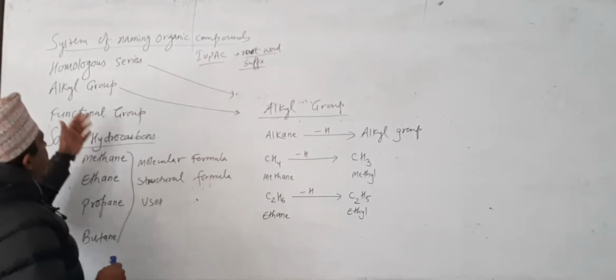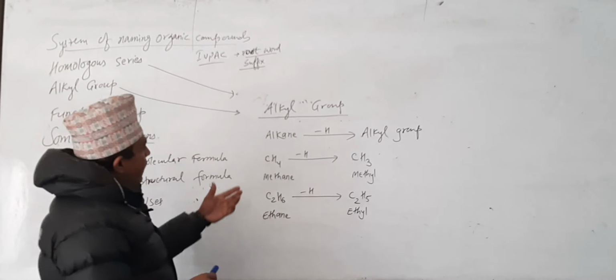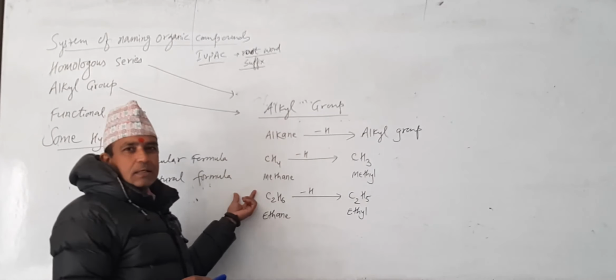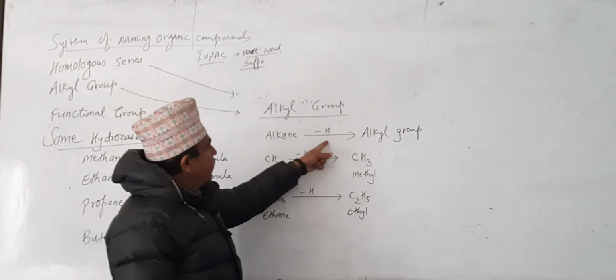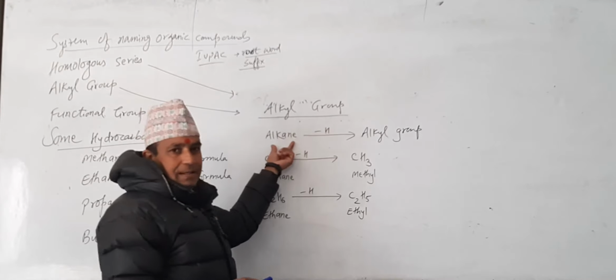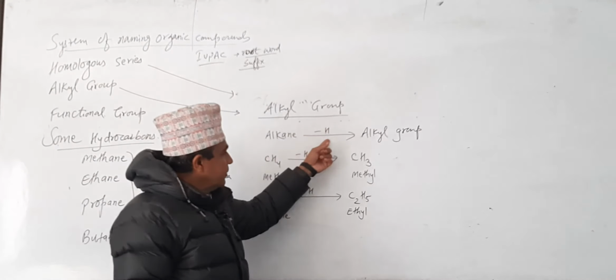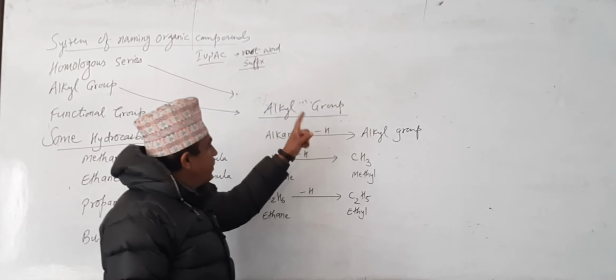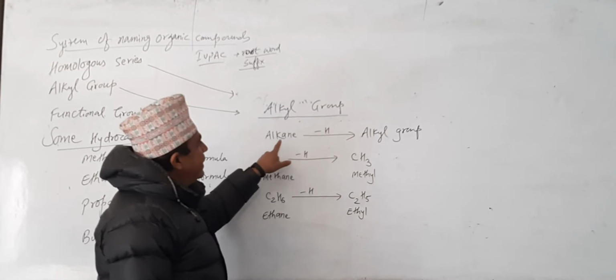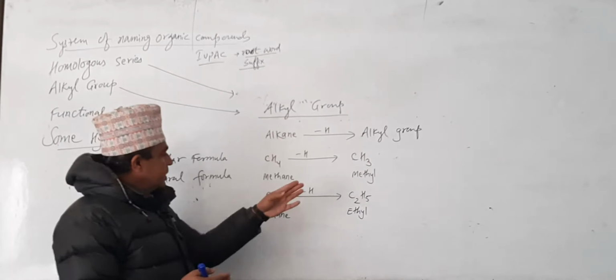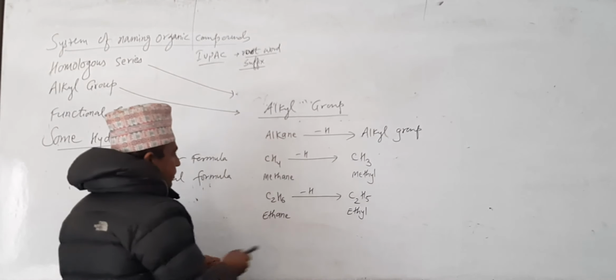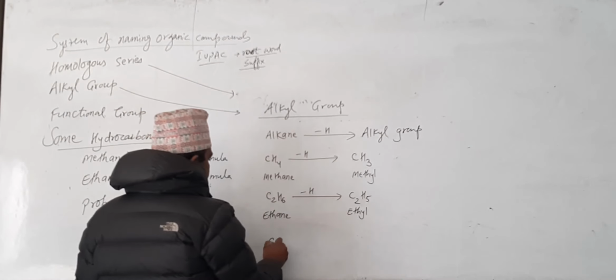So, what is alkyl group? Alkyl group is a radical that is formed by removing one hydrogen from alkane. Methane, methyl, ethane, ethyl. Let me give you the next one. Butane means 4.